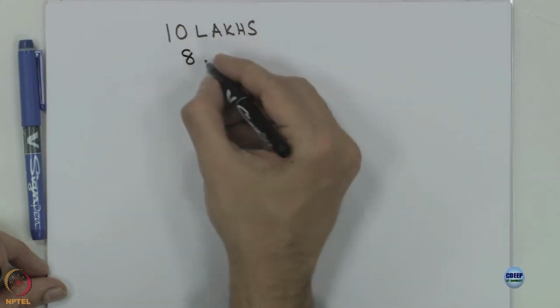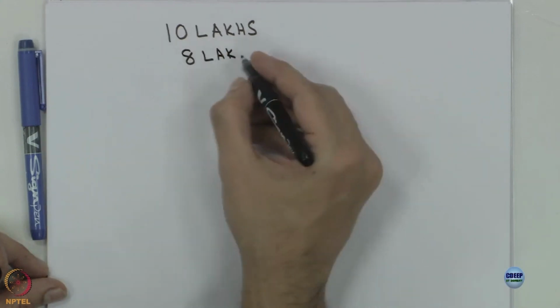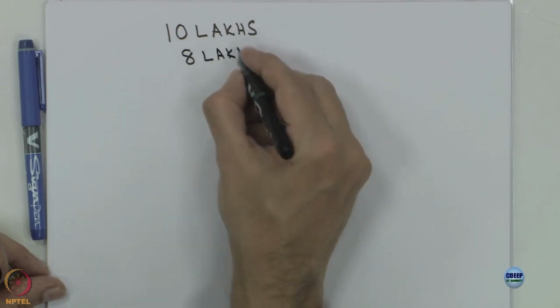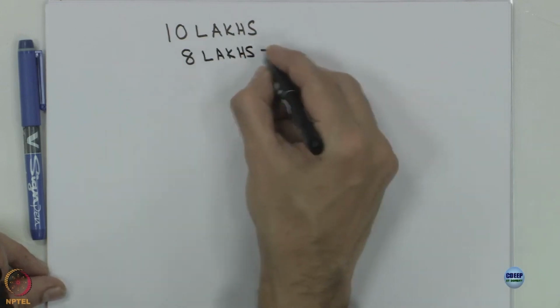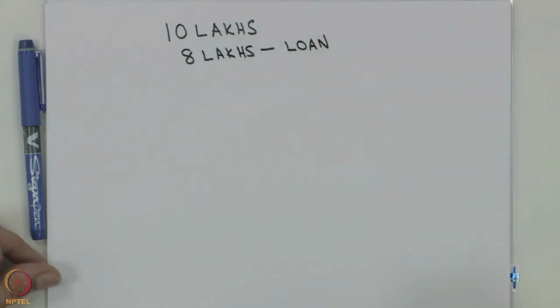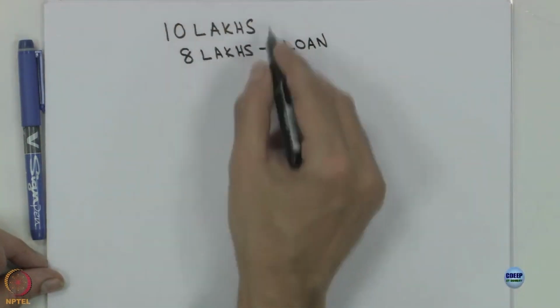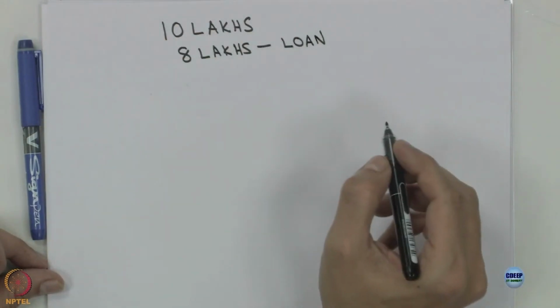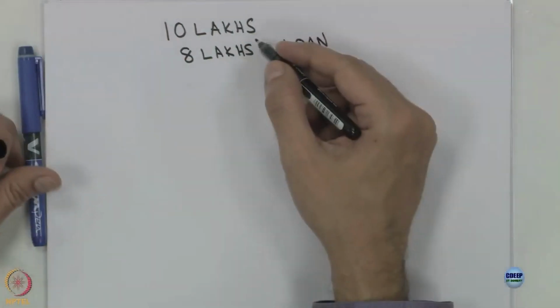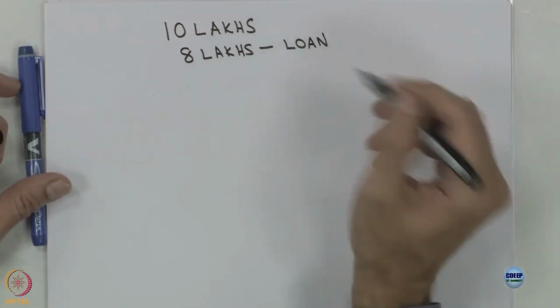So we can get a loan of, let's say, 8 lakhs. So let's just see, should the individual take the loan of 8 lakhs or should the individual pay the total 10 lakhs upfront? Of course, in some cases you may not have 10 lakhs to pay, and then you have no other option but to take the loan.